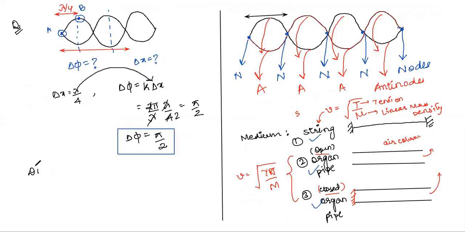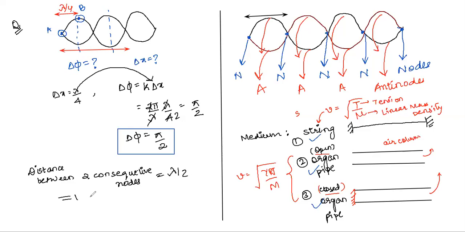we'll write this here, distance between two consecutive nodes as well as antinodes is lambda by 2, right?